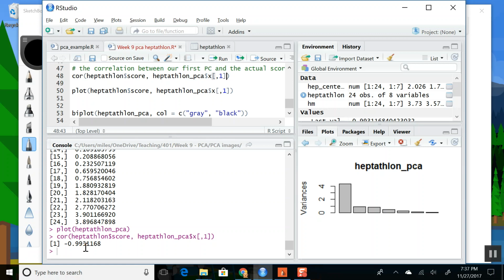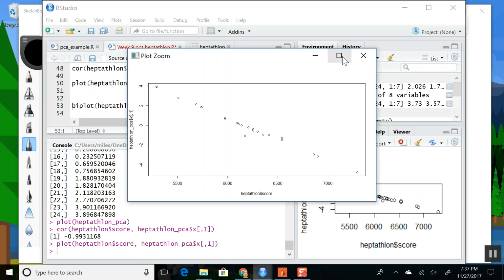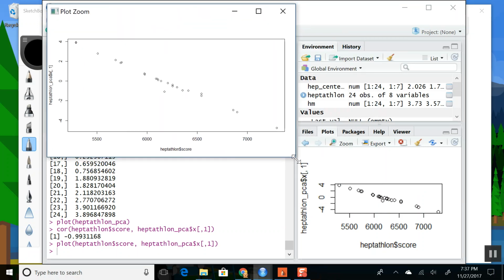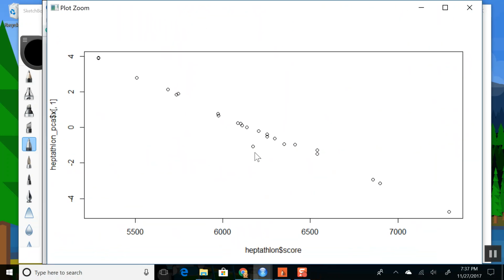Score is not one of the variables, right? We did this using the other 7 variables. We can create a plot between our score and what the Olympics are doing. When we project down, this person, according to our principal components analysis, gets scored a little bit lower than what the Olympics formula does, but pretty much everyone else lines up almost perfectly.